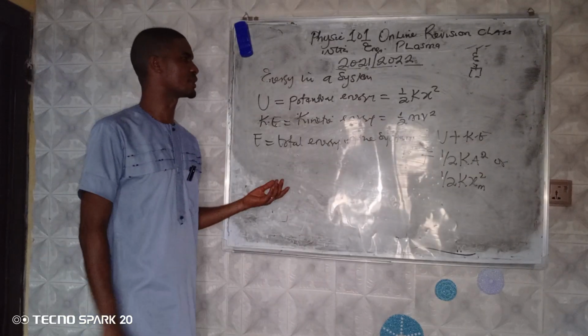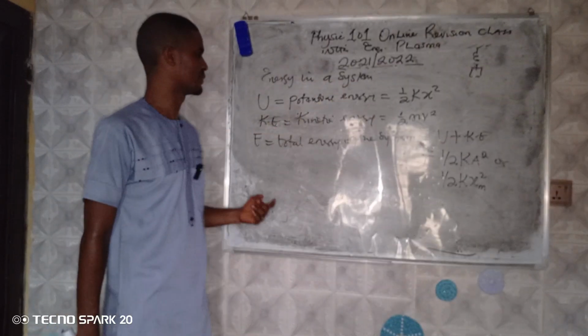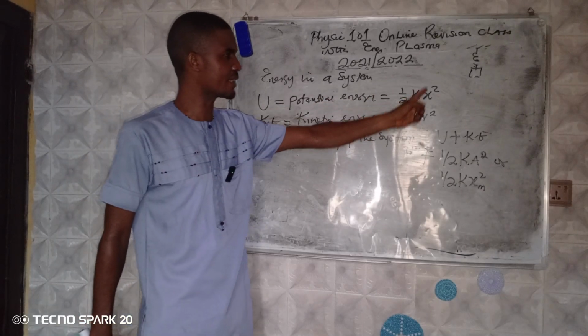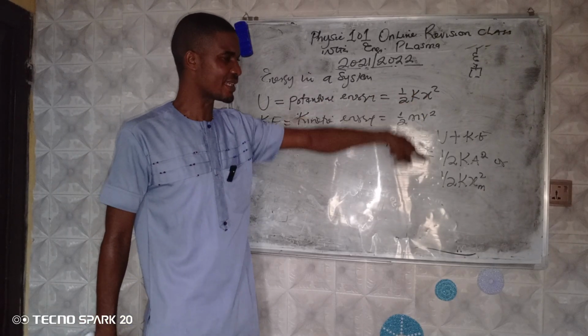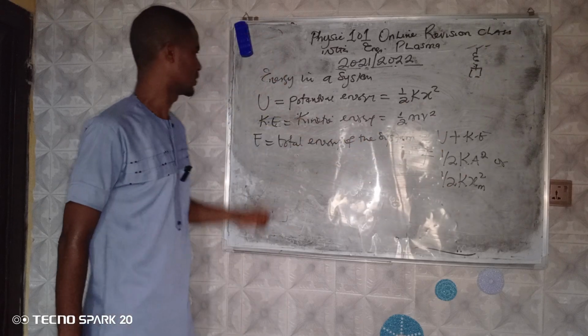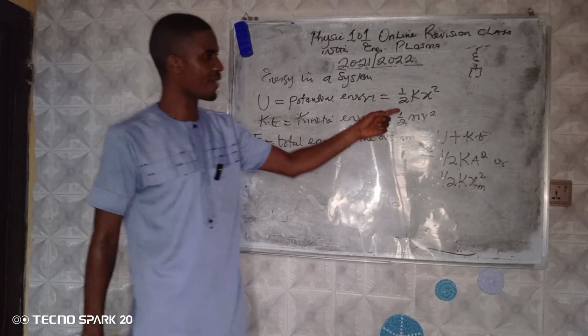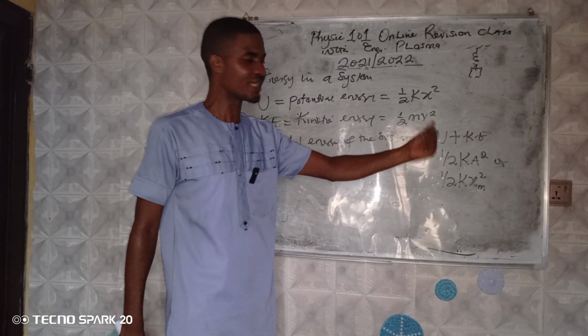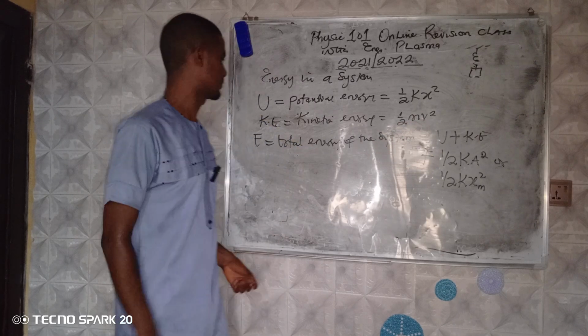Now, if we look at the board, energy in the system: we have potential energy, given as half kx squared. Watch, this x is not the amplitude, it's just the other displacement x. Kinetic energy is given as half mv squared. This v is not the maximum v, it is the normal velocity.